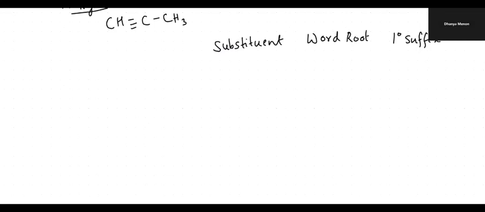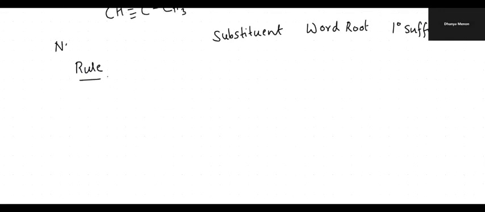The general rules are the same that we followed for the alkanes, but there are some rules that we follow during the nomenclature of alkenes and alkynes.